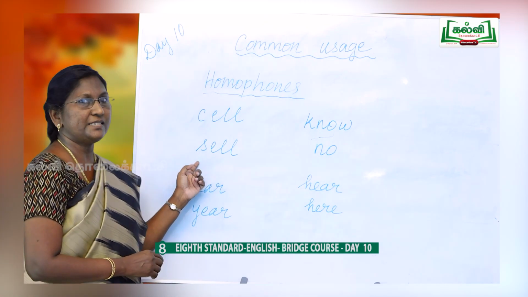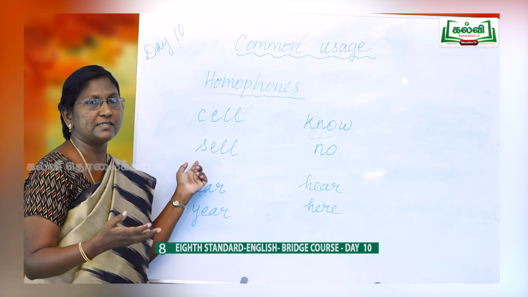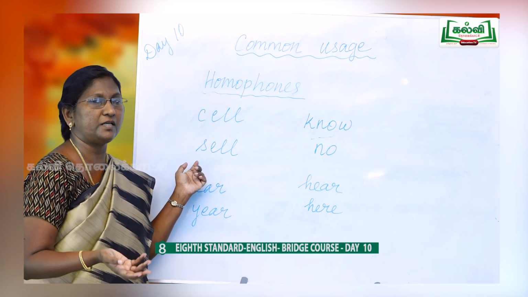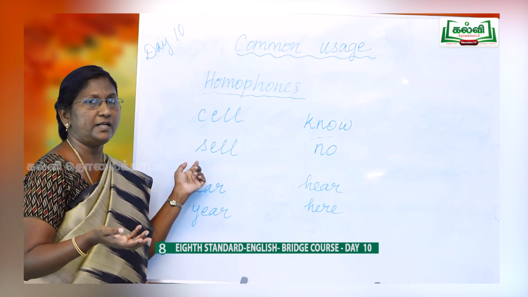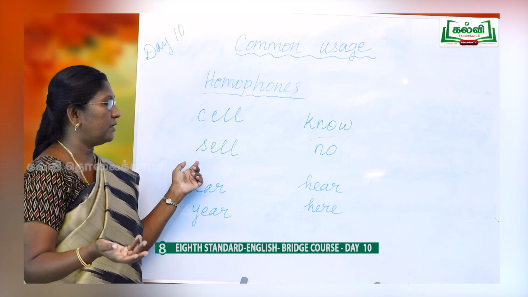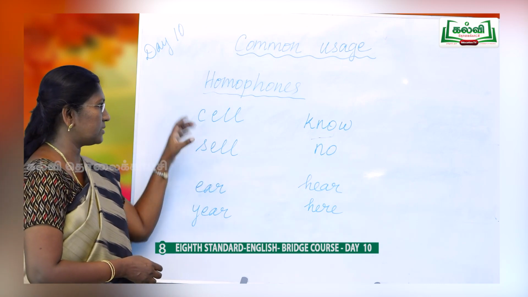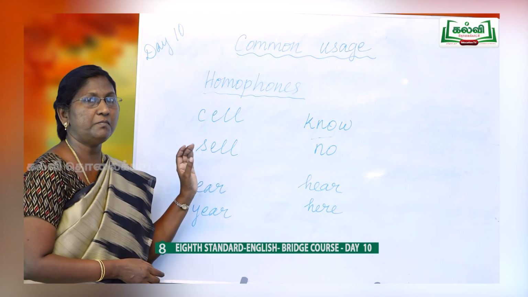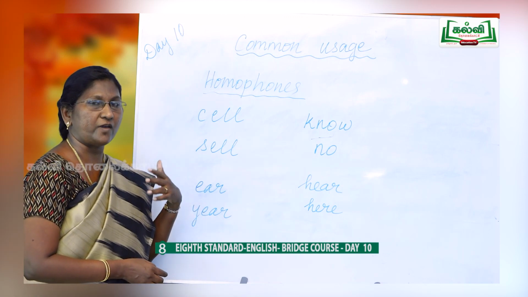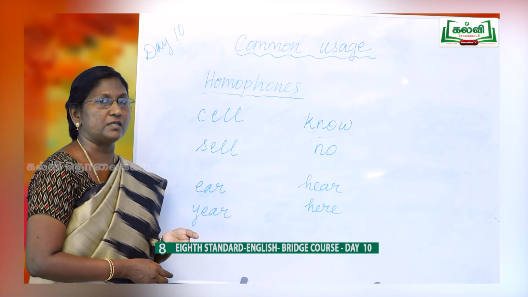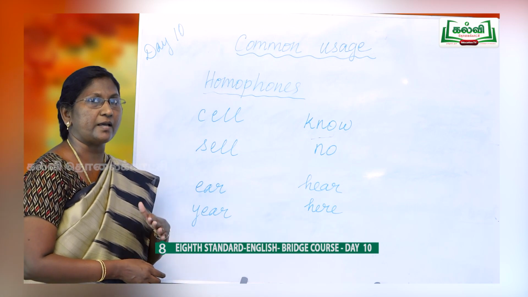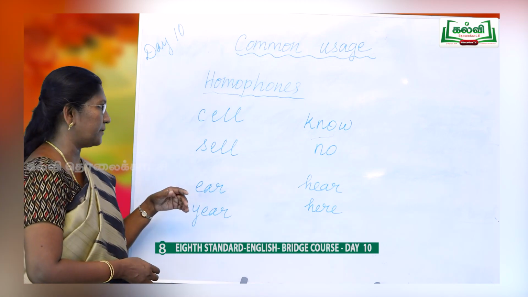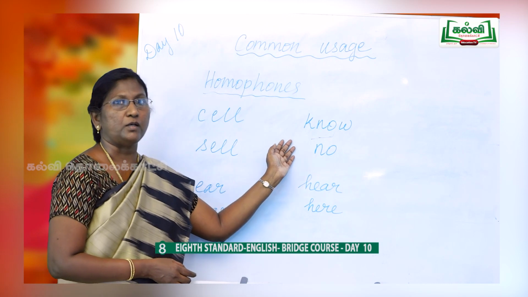But this cell, S-E-L-L, means selling something. Virpanai seyvadu. So selling vegetables, selling something in the shop. So these two have the same pronunciation, same way we are pronouncing it, but their spelling and meanings are different.